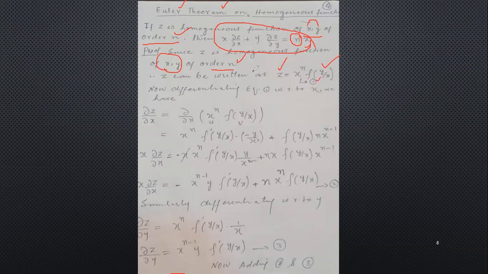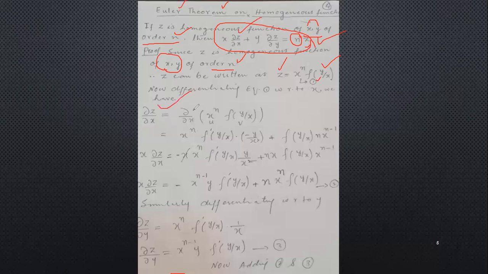Now we have to prove this theorem, that left hand side equals right hand side. So we take the left hand side. First we find the partial derivative of z with respect to x.